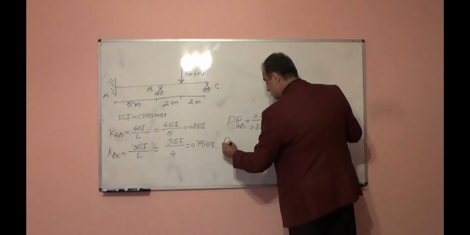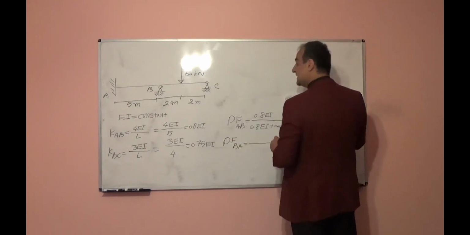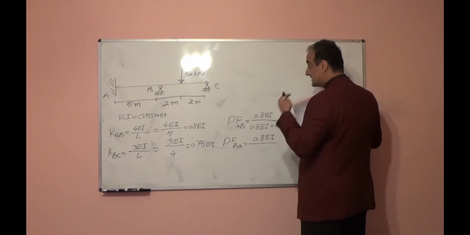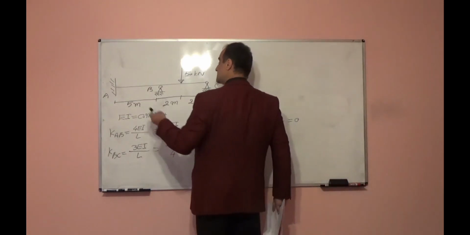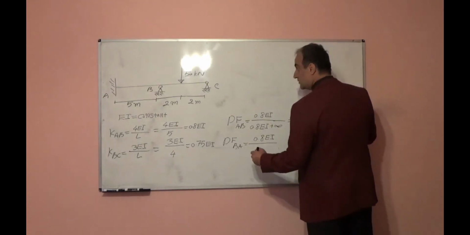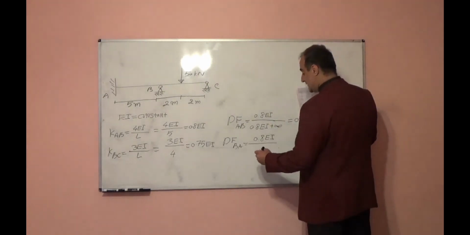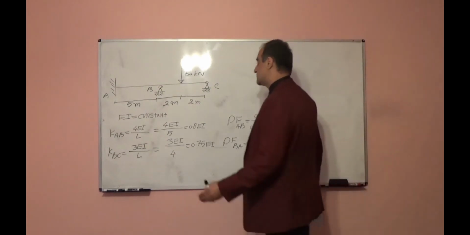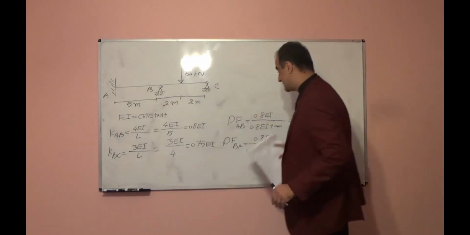Distribution factor for member BA will be equal to KBA, 0.8 EI, divided by the summation of stiffness for all members connected to node B. That will be the stiffness of member BA, 0.8 EI, plus the stiffness for member BC, that is 0.75 EI.